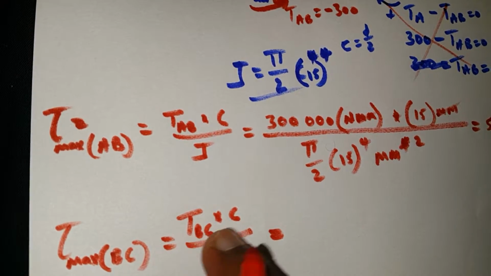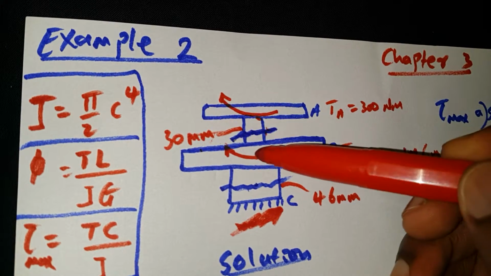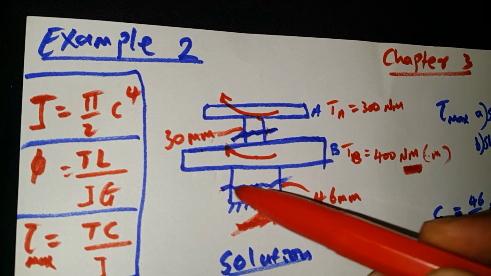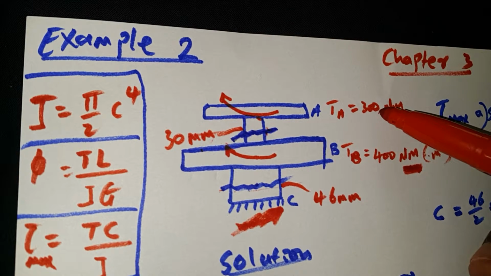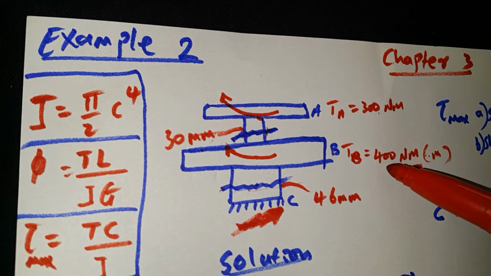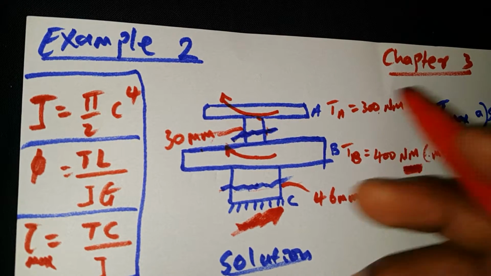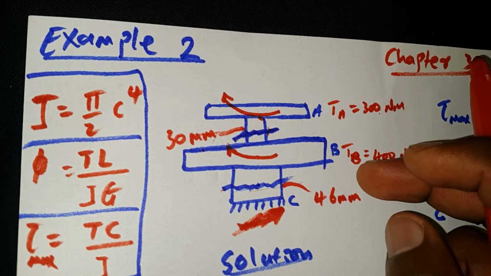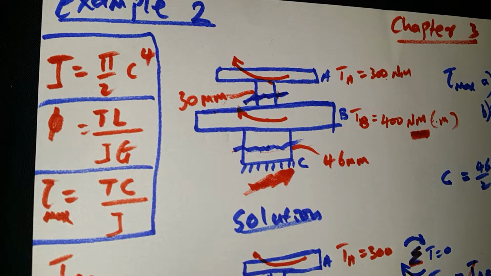What is our TBC? Now you have to add this place. We are looking for this place. Our TBC is 300 plus 400, which is 700. So we will have the TBC as a positive 700.